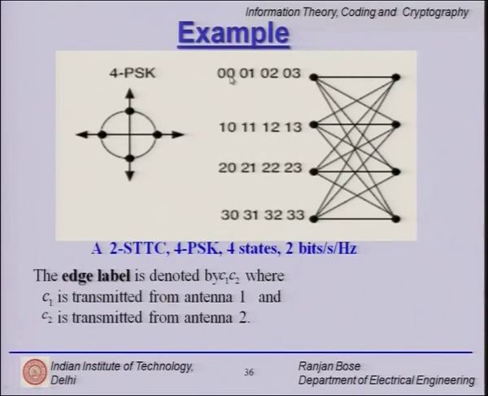But here you see there is a pair. So, 0 means if this branch is to be traversed, then transmit antenna 1 should send S0, transmit antenna 2 should send S0. If we go on this branch, then transmit antenna 1 should send S0, transmit antenna 2 should send S1, and so on and so forth. So, this is a mapping scheme. If the label is C1, C2 for any edge, then C1 is transmitted from antenna 1 and C2 is transmitted from antenna 2, a very simple extension of the TCM scheme.